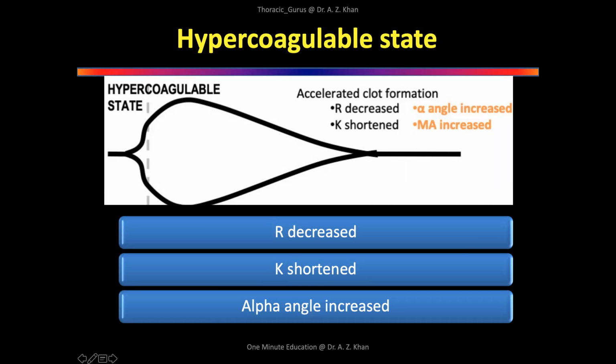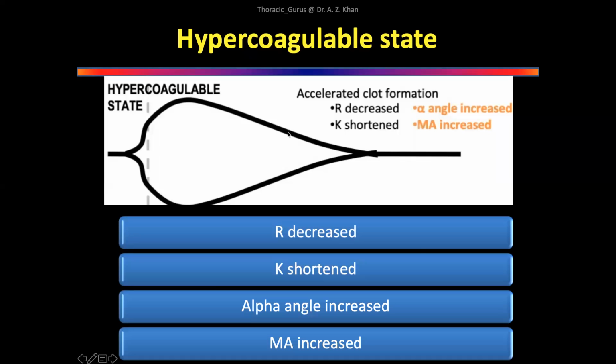And the maximum amplitude, because it's making a very big clot, or the patient is in a hypercoagulable state, will be increased. Again, this is an MCQ. You will be shown either the graph or given these points, and asked to identify the clinical condition of this patient.